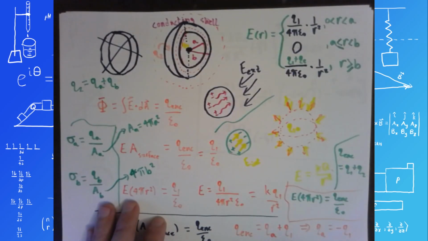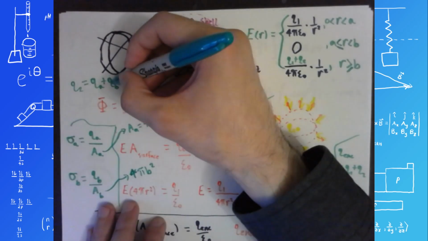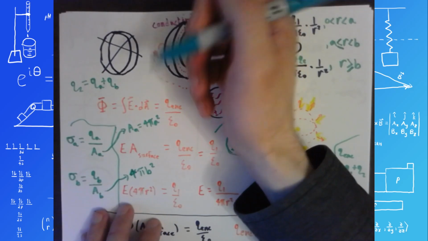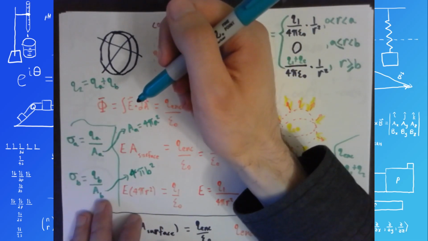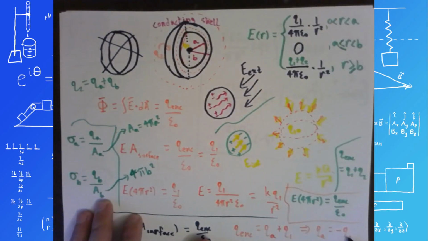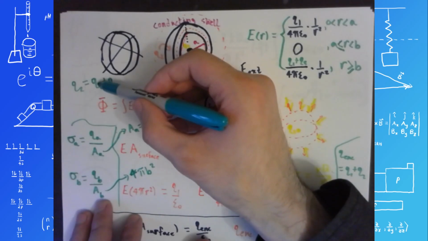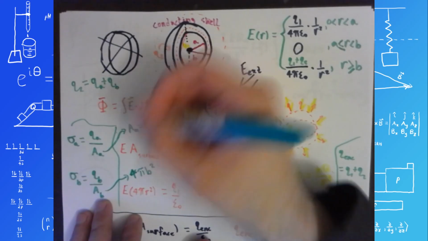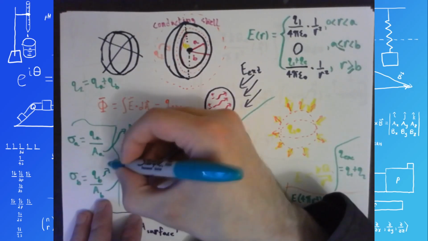So QB is simply Q2 minus QA. If we subtract QA on both sides, QB is Q2 minus QA. And QA is negative Q1. So Q2 minus negative Q1 is Q2 plus Q1.